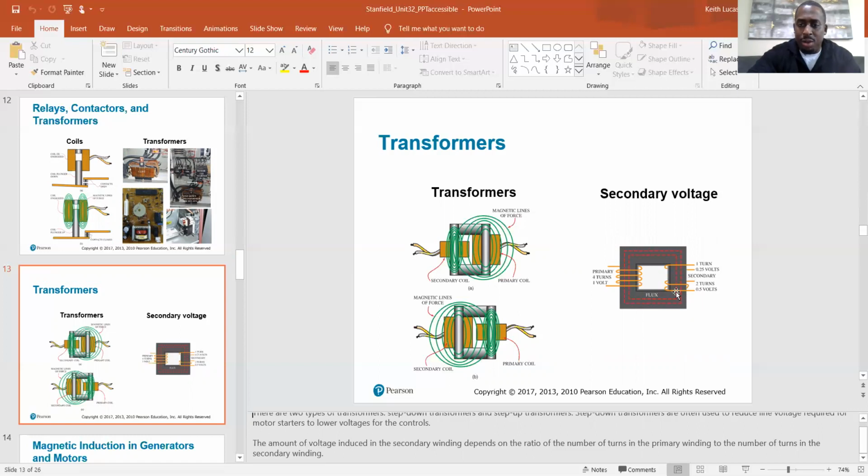So that's how it works, because remember, the magnetic field is created by the coil being wrapped around it, and that conductor going through the coil is going to induce a certain amount of voltage, and that's going to be determined by how much of a magnetic field you have. 4 turns over here, more magnetic field. 1 turn over here, less. So you got 0.25 volts over here as opposed to 1 volt on the primary side.